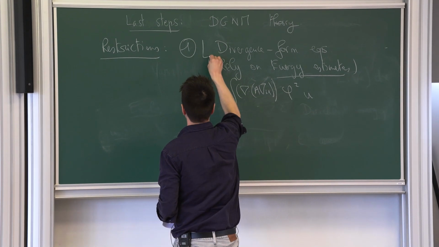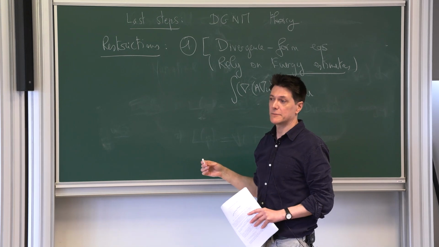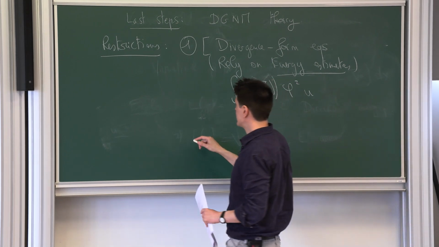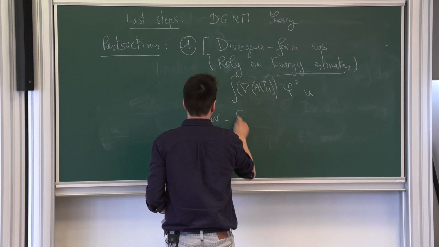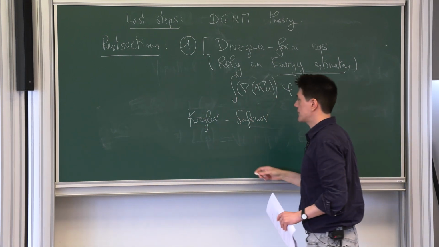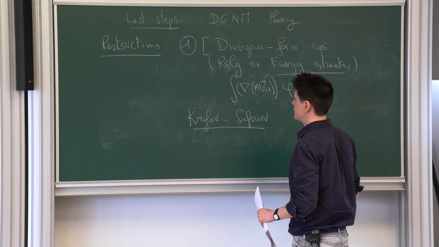So that restriction was studied a lot in the Russian school by many people, including Landis, for instance, and it was solved in a paper by Krylov and Safonov. It's also related to works of Alexandrov, I should say, Pucci and others.